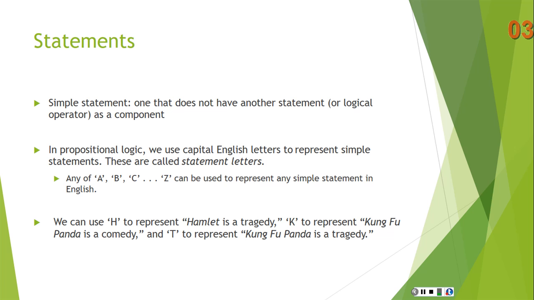We could use K to represent Kung Fu Panda is a comedy. We could use T to represent Kung Fu Panda is a tragedy. Or we could use P to represent Hamlet is a tragedy, or Z, or Y, as long as it's a capital letter in English. You can use it to translate an English statement into our propositional language.